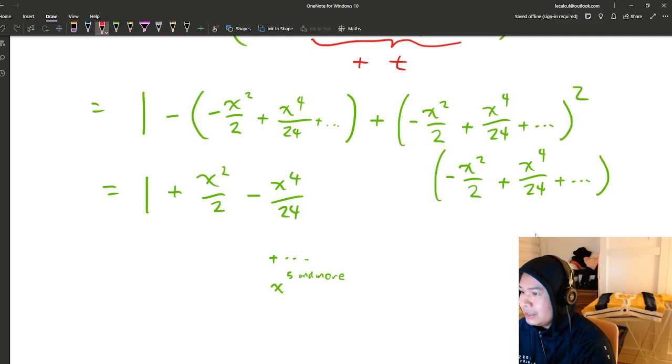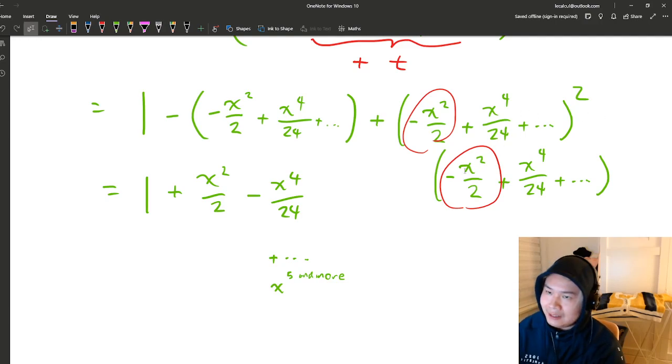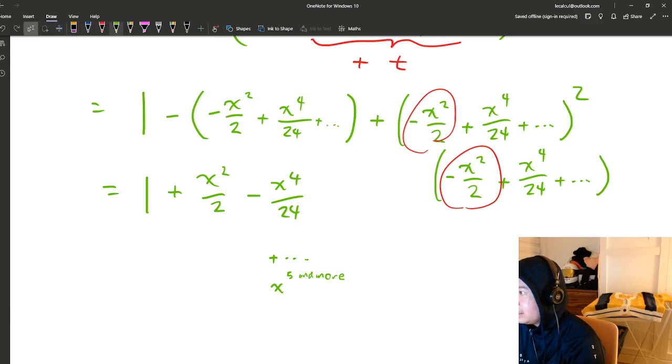That's when you multiply these two together. Because if you multiply this one with this one, it makes x to the power 6 and higher, and vice versa. If you multiply this one or higher terms in with the first term, it also makes x to the power 6 or higher. So we're only multiplying these first two terms. And that's going to make positive x to the power 4 over 4.